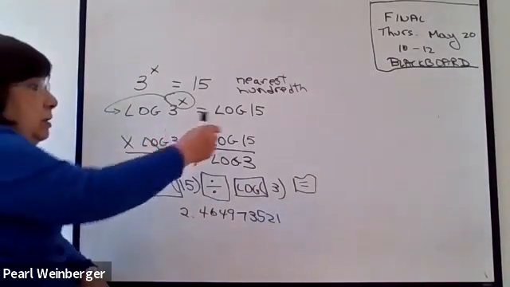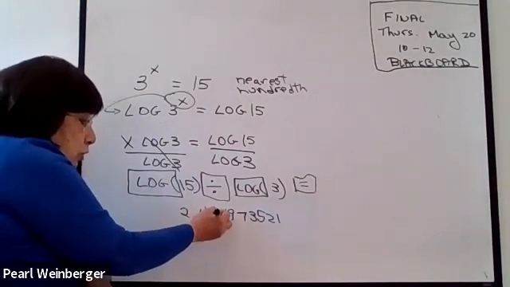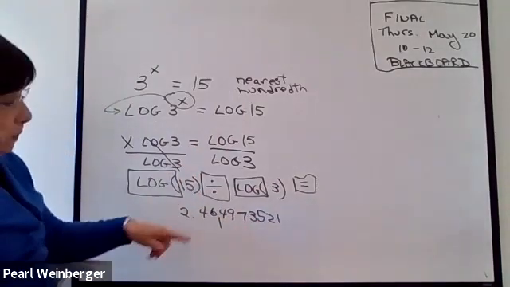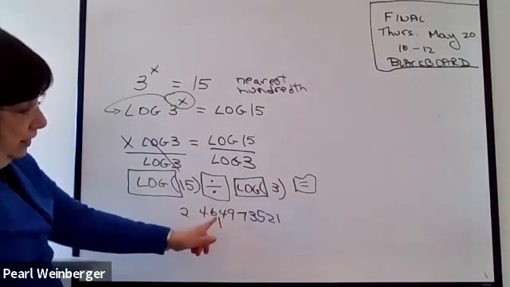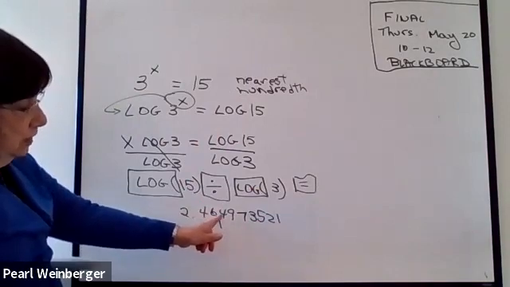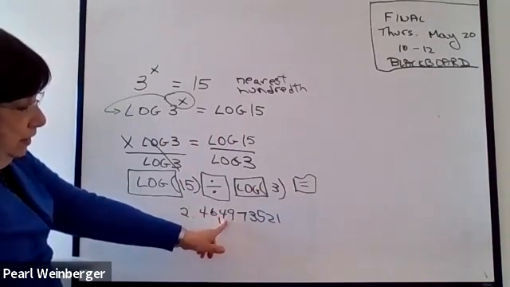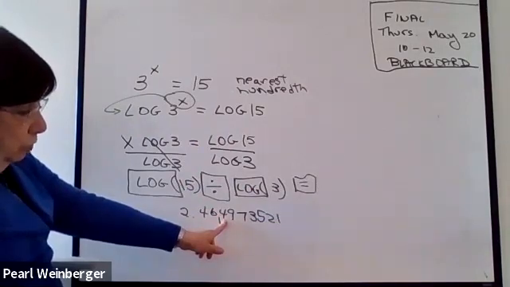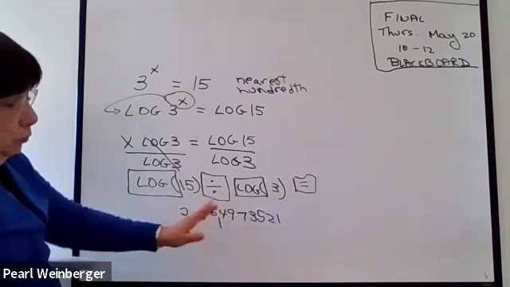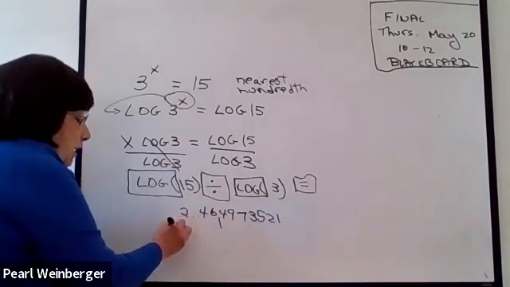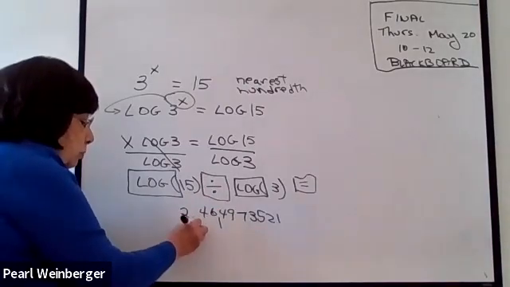But they wanted it to the nearest hundredth, which means 2 decimal places. So after I put a line after my second decimal place and look at the number immediately after it, which is a 4. Since it's not 5 or more, I just leave this and my answer becomes, to the nearest hundredth, 2.46.